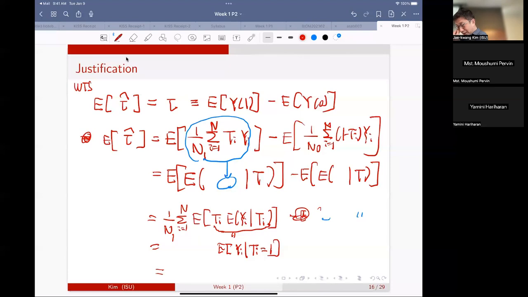I think I kind of messed up. Can anyone help? I want to show this, but somehow... Yes. Okay, right. So there's an additional thing going on.